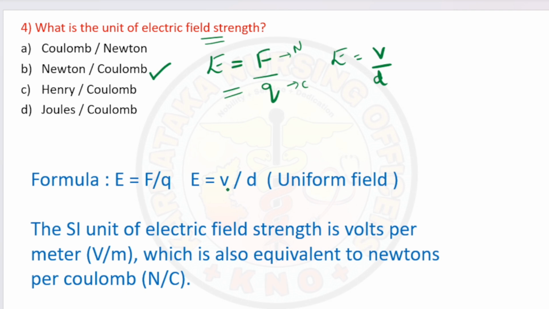D is the distance. Potential difference is measured in volts and distance in meters, so volts per meter is another unit of electric field strength. Okay, so next question.